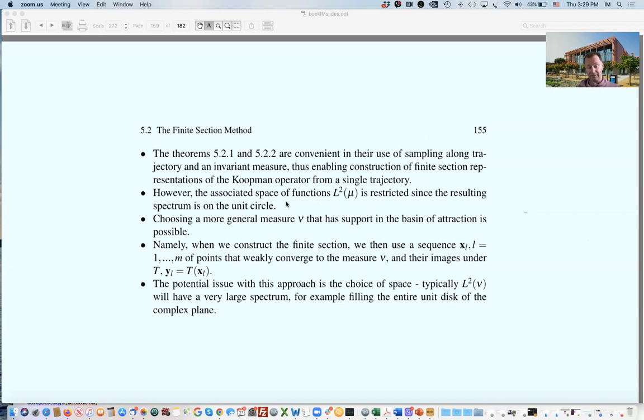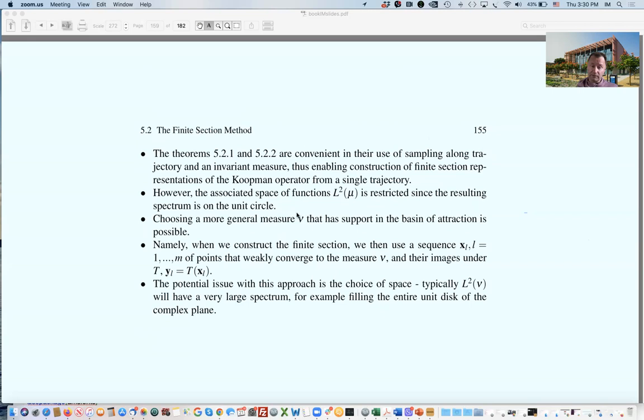I should mention the space of functions L2 of mu is restricted because the resulting spectrum is going to be on the unit circle. I didn't prove that particular theorem, but that is true. If you have L2 with respect to mu, where mu is an invariant measure, then the spectrum of the Koopman operator is on the unit circle.